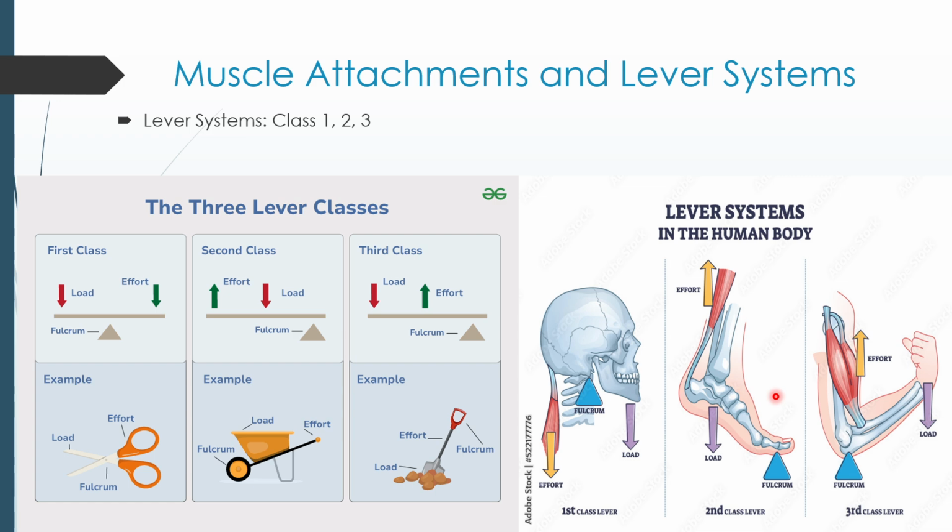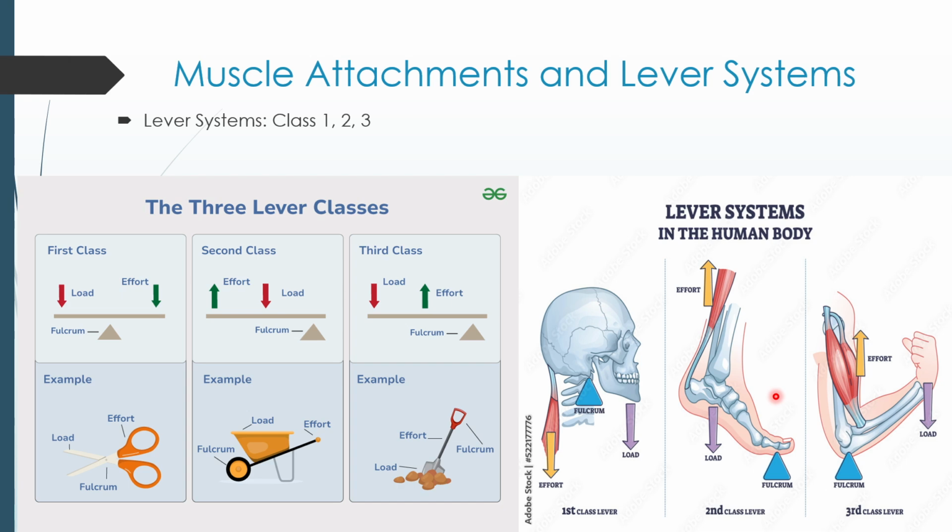We use levers to ease our effort to get work done. Similarly, we have three lever types, and we can give examples at places in our human body where these three levers are found.